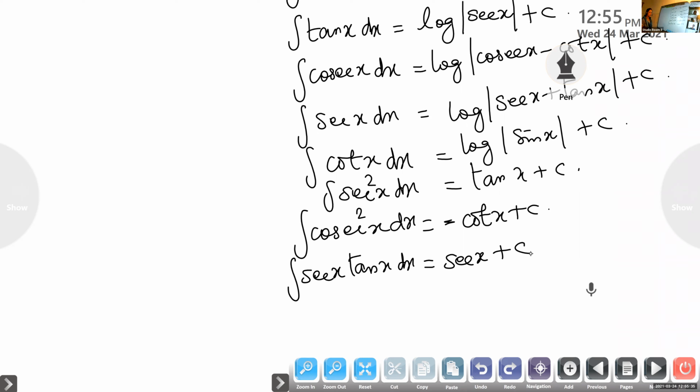The integral of cosec x cot x dx is equal to minus cosec x plus c. Copy this formula.